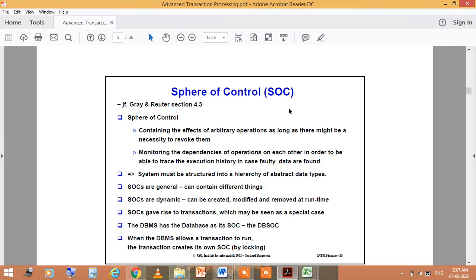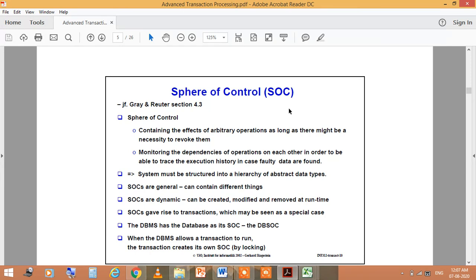Dynamic means they can be created, modified and removed at runtime. SOCs give rise to transactions, which may be seen as a special case.